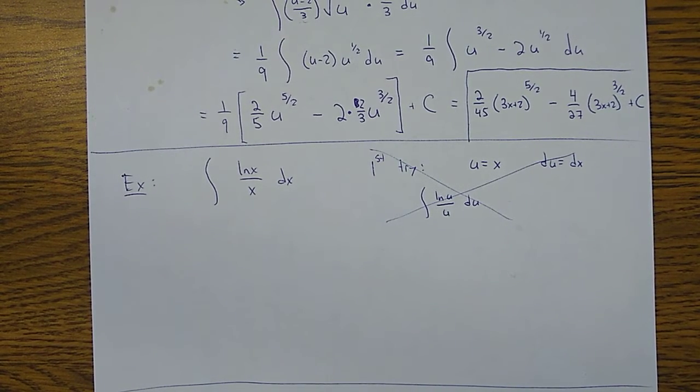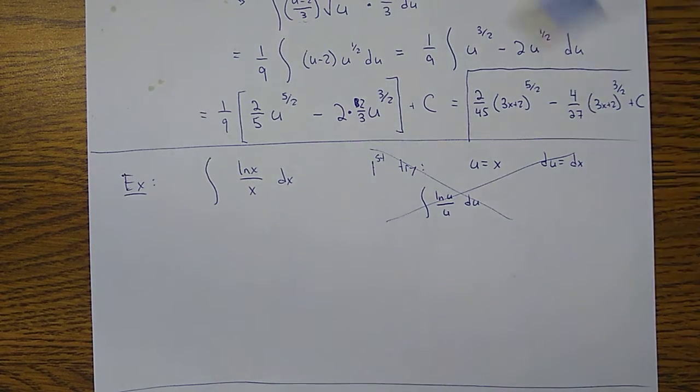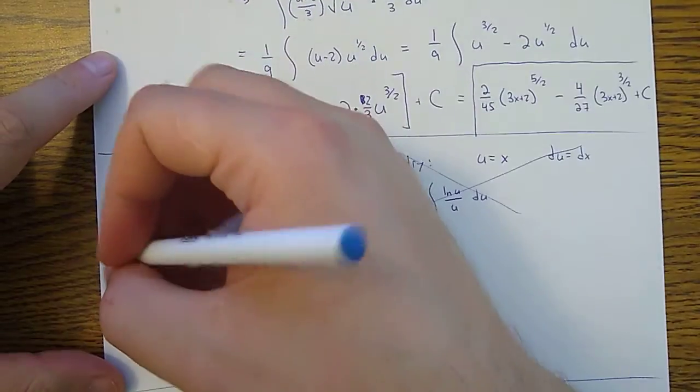So this is not going to work, and this happens sometimes. The truth is, u substitutions are a bit of an art in the sense that there's no guarantee of what will work. You have to try things and see if it works. So let's try something else.